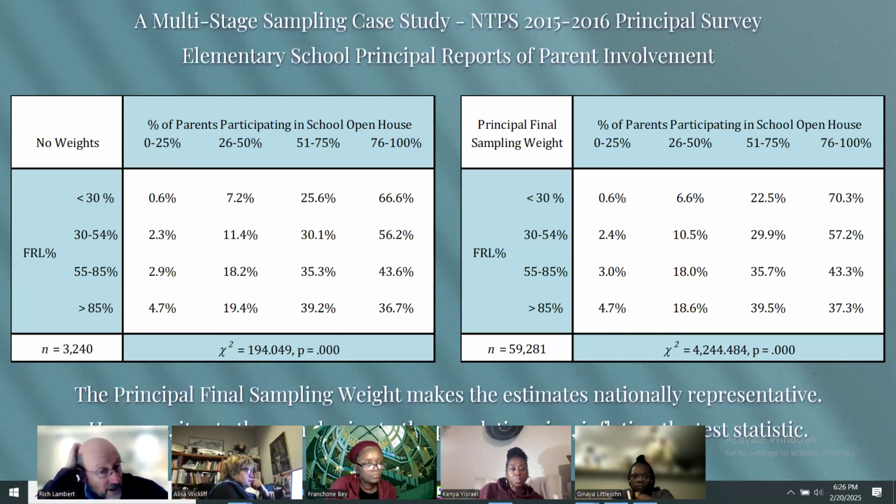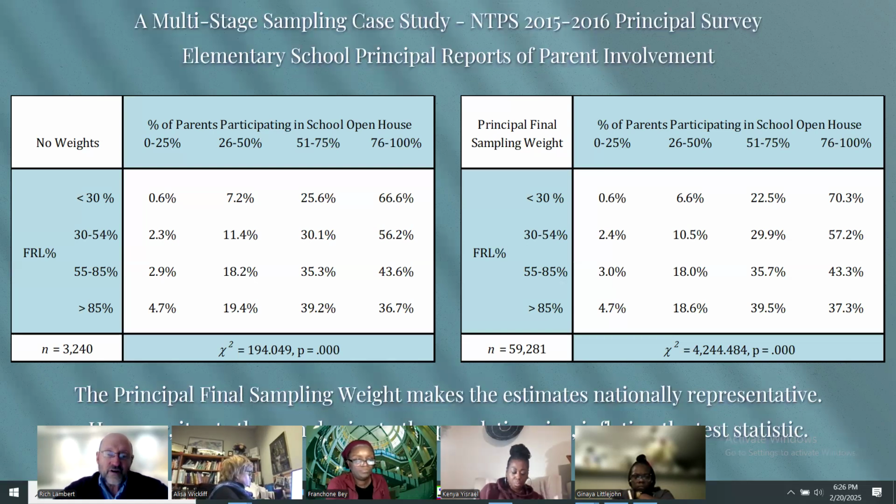to an open house. Now, go to the bottom row. This is the principals that work in high poverty schools, or greater than 85% free and reduced lunch. Their numbers in that row also add up to 100%, but they're different, right? Here, only 36.7% of these principals said that 76 to 100% of their parents will show up.